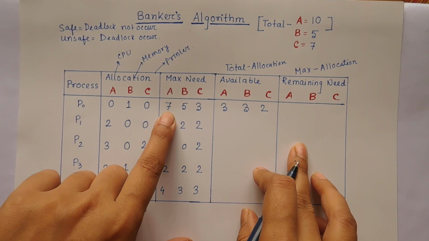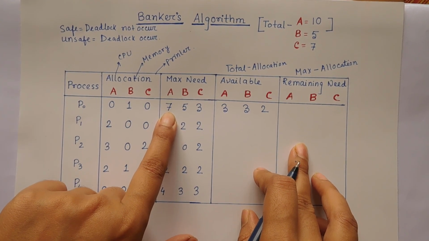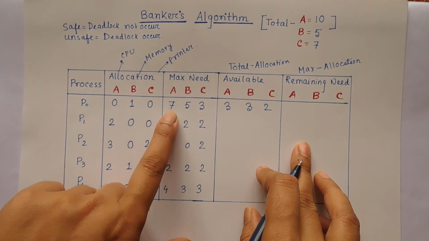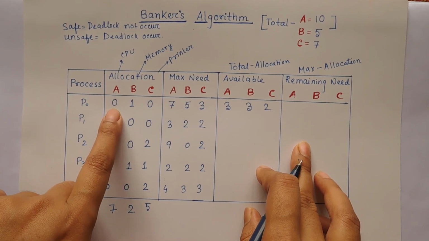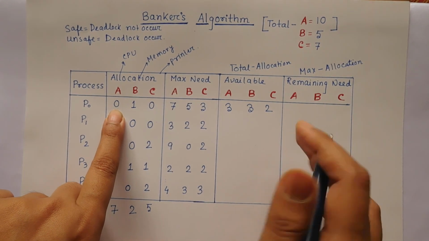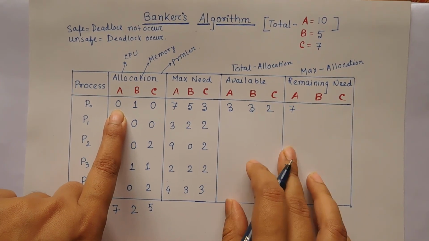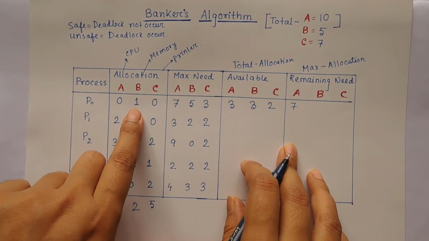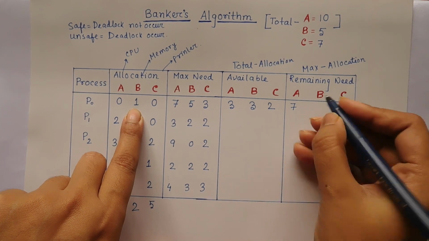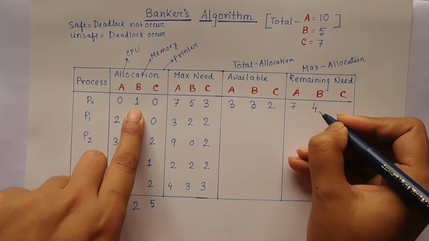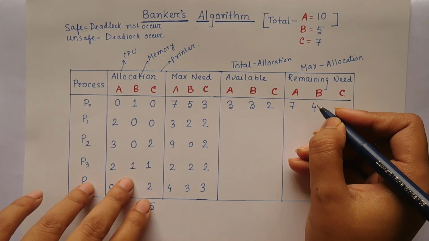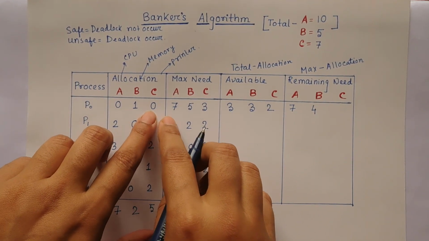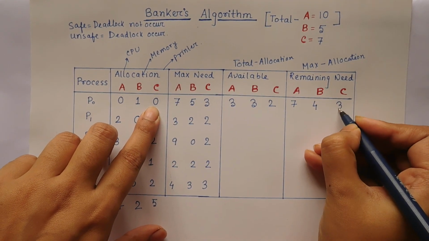Here 7 is the maximum need to execute the process P0 for the resource A, and no instance of the resource A is allocated. So need is 7. For B, 5 is needed and 1 is allocated, so remaining need is 4. And for C, 3 is needed and no instance is allocated yet, so need is 3.